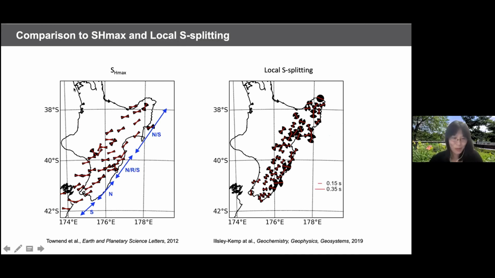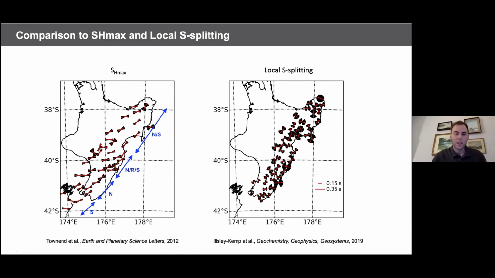You didn't plan this question. So yeah, this is probably the most recent result that looked at the entire margin. This is from Townend and others from 2012. The only issue is that each of these orientations is like a cluster of earthquakes, right? You're inverting for the stress orientation based on a cluster of earthquakes, but all of those clusters actually included overriding plate earthquakes and earthquakes within the downgoing slab.